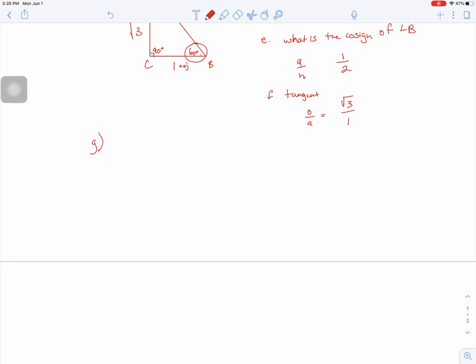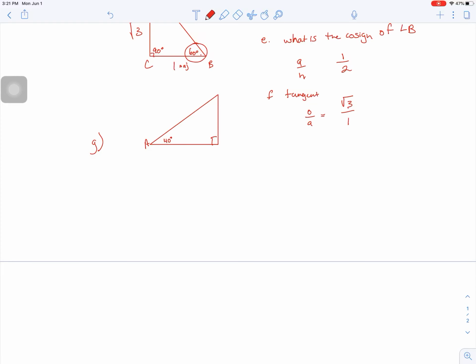If you look at G, we actually have a right triangle. We've got a 90 degree angle in the corner, but this one happens to be 40 degrees, and this is angle A. And it says, what's the sine of A?